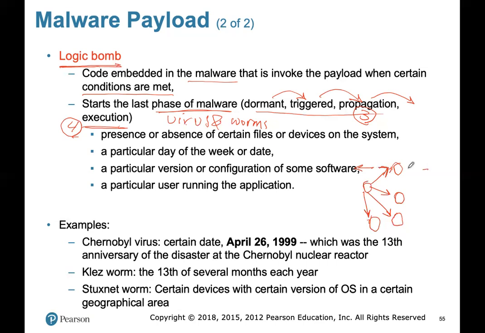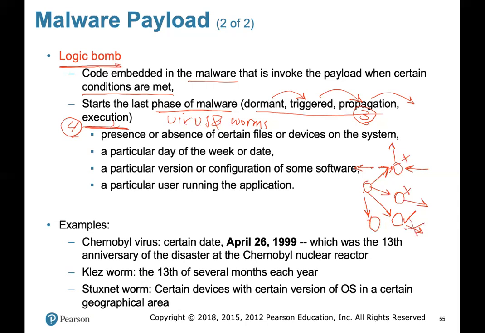Whenever it reaches a new system, it checks if, for example, this specific version of software or operating system is installed here or not. It's not installed here, so it just continues propagation. It's not installed here, just continues propagation. Yes, that specific operating system or application is installed here, so it immediately jumps to the execution phase and starts the payload.